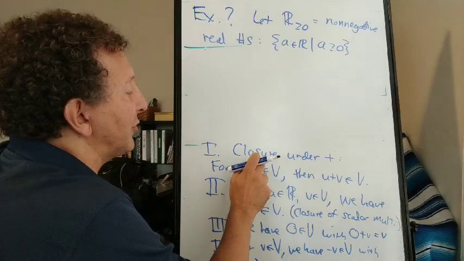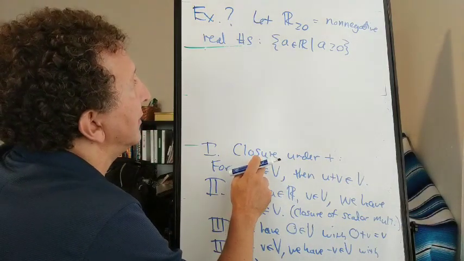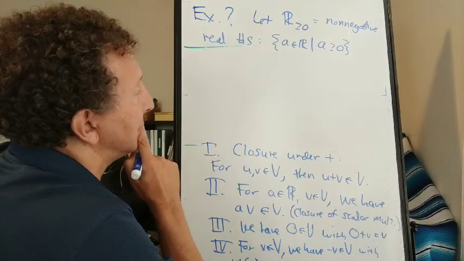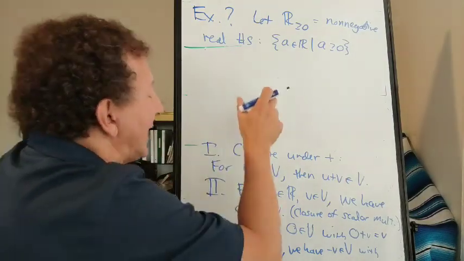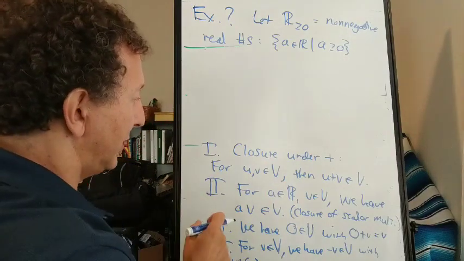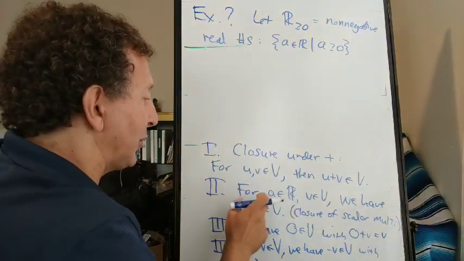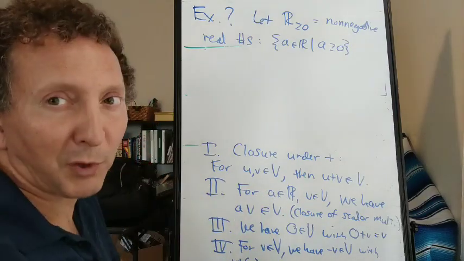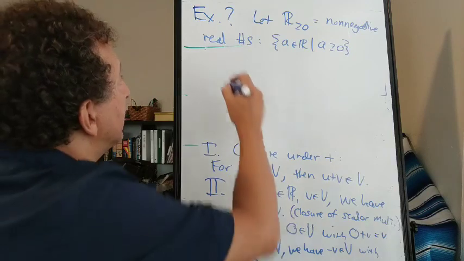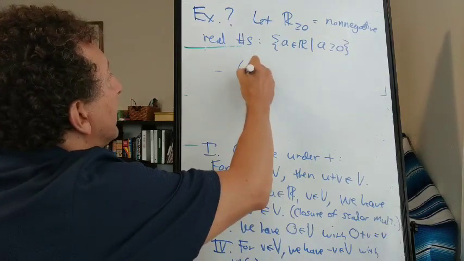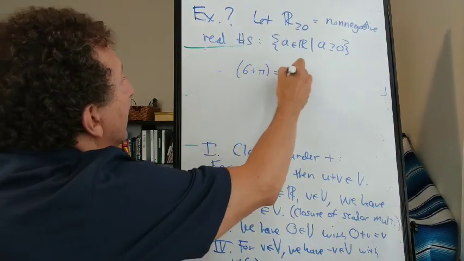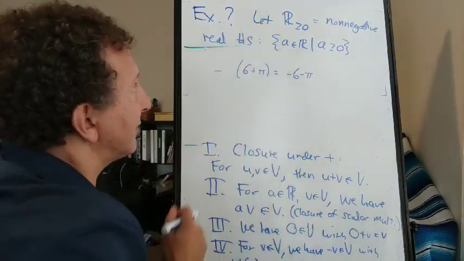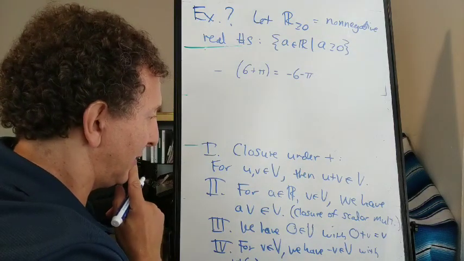If we add two of those together, then we get another non-negative real number. You can't add two positive things together and get a negative. Scalar multiplication is going to be a problem, because what if we multiply by the scalar negative 1? Then we get a negative real number, which is not in our set of non-negative real numbers.